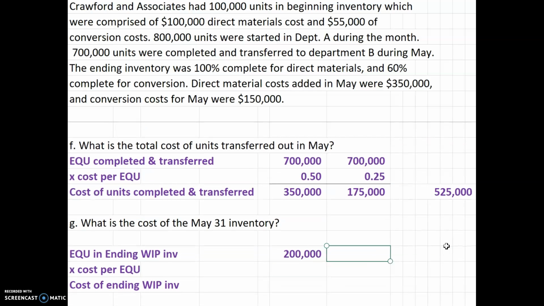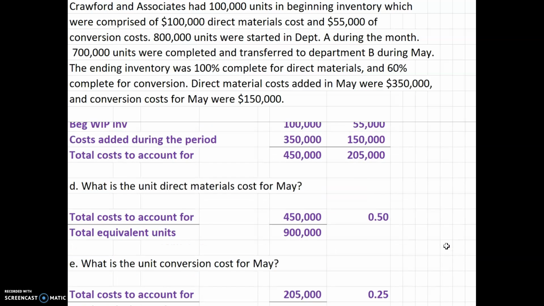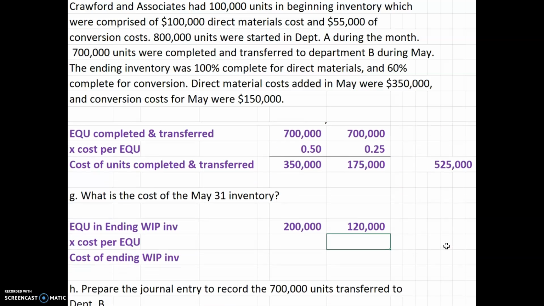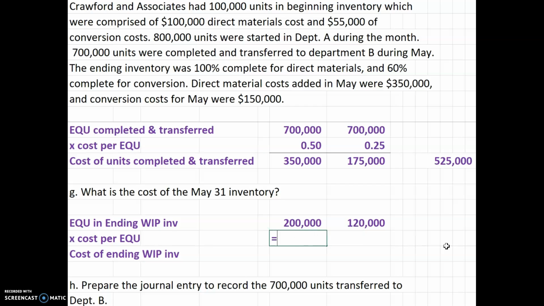For conversion costs, we had equivalent units in ending work in process inventory was 120,000. Multiply that by the cost per equivalent unit, 50 cents for direct materials, 25 cents for conversion costs.